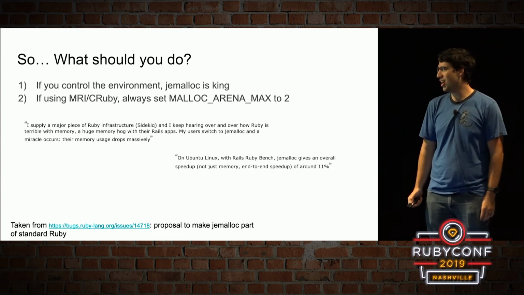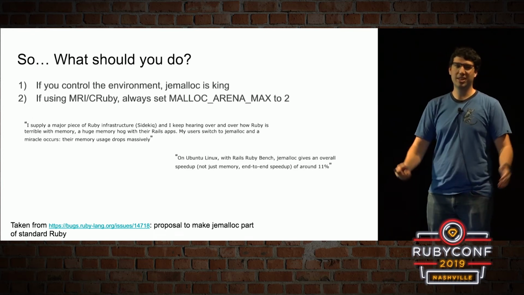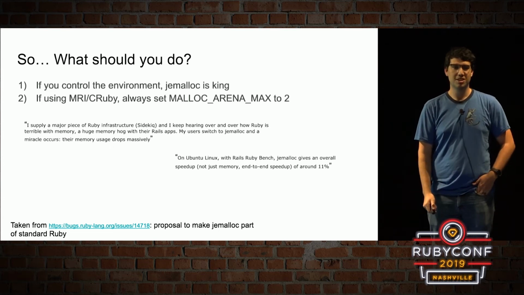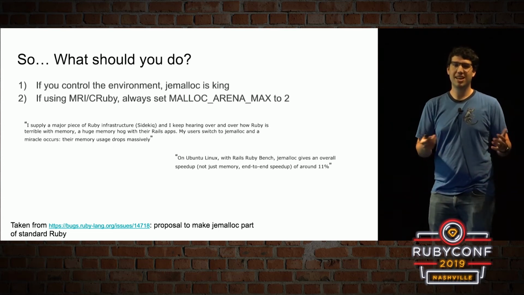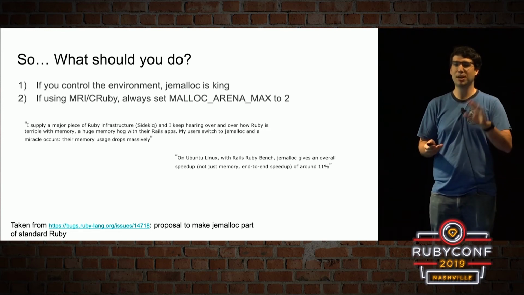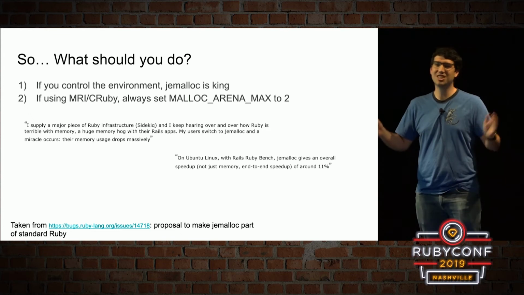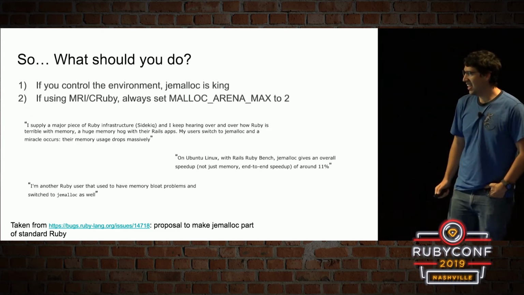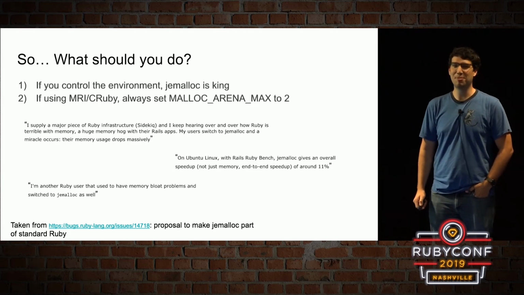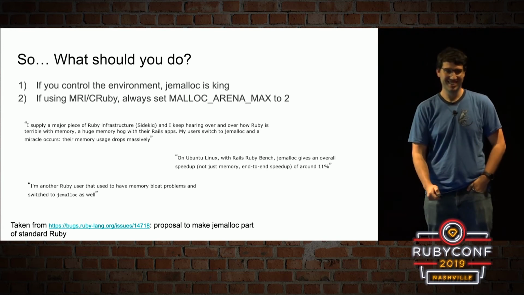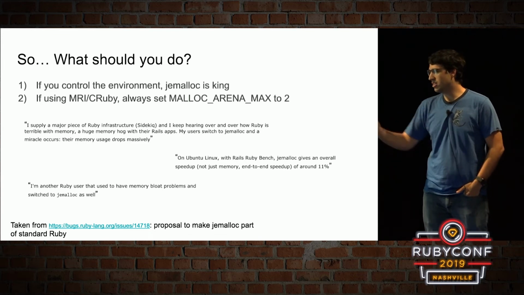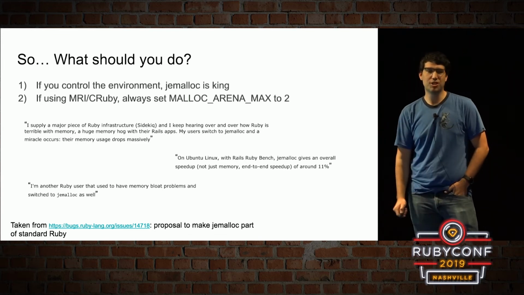Another comment on the same thread: just doing this gave me not only a memory improvement, but also an 11% performance boost. As any good programmer, you should immediately think, well, that's for their use case. Benchmarks never really work out, but it's still nice to put. And another great one, I used to have memory problems, and then I switched. Cool. And yeah, this is all from the Ruby Lang issues trying to make this standard.